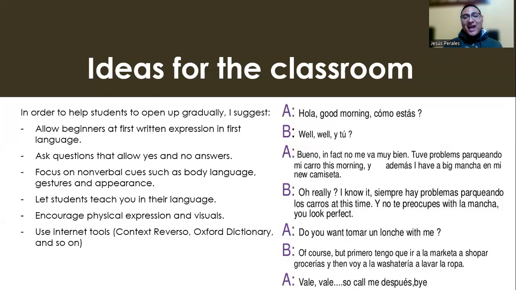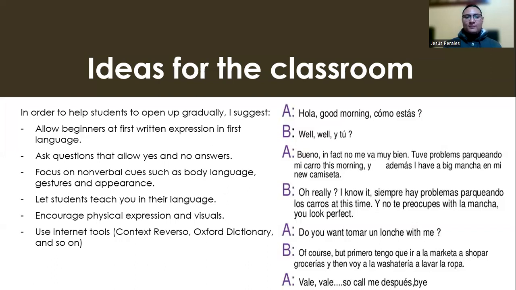So it's not good if we put them in the spotlight, in the front of the class, but a great strategy is to make them interact with their peers so they can start slowly getting involved with interactions. So it helps them relax, and that makes them feel confident when working and interacting with other people.